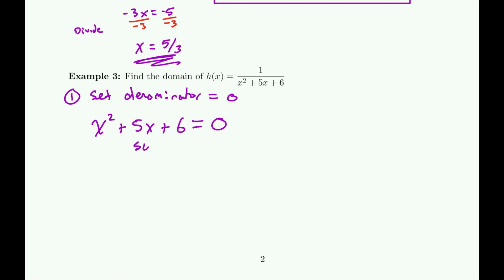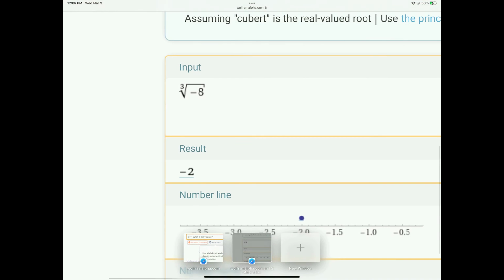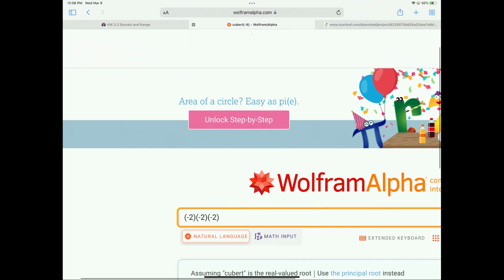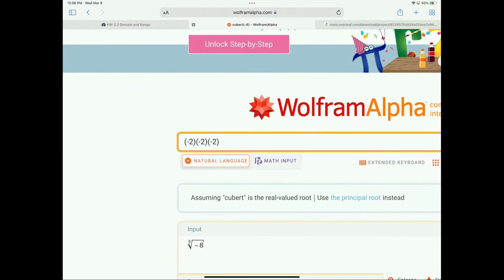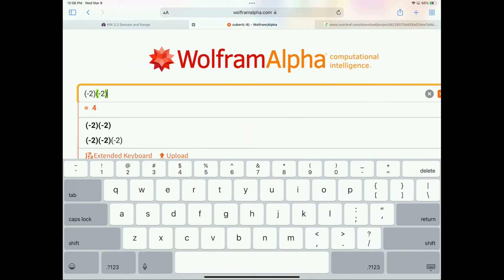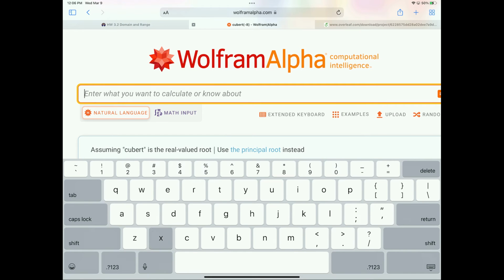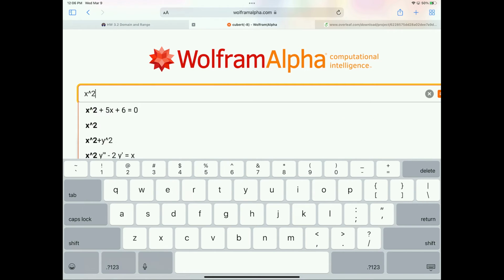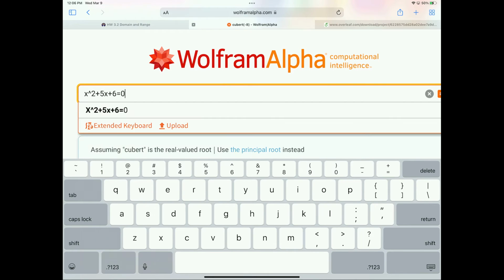We need to solve. Now, I'll solve it by hand, but you don't have to. You can go over to Wolfram Alpha, wolframalpha.com. Hopefully you can see that on the screen. And we can just say x squared plus 5x plus 6 equals 0.